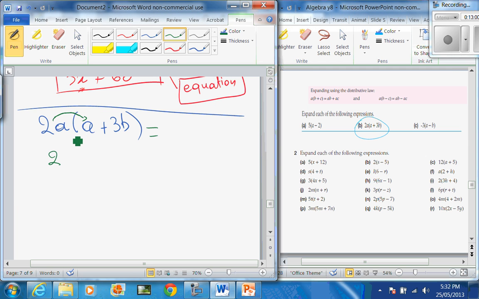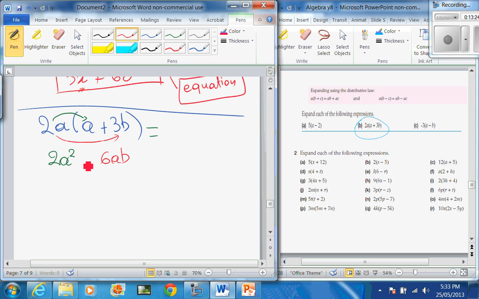How do I write it? a squared. And what about 2a with this? Numbers first: 2 times 3 equals 6. And the letters in order: a, b.